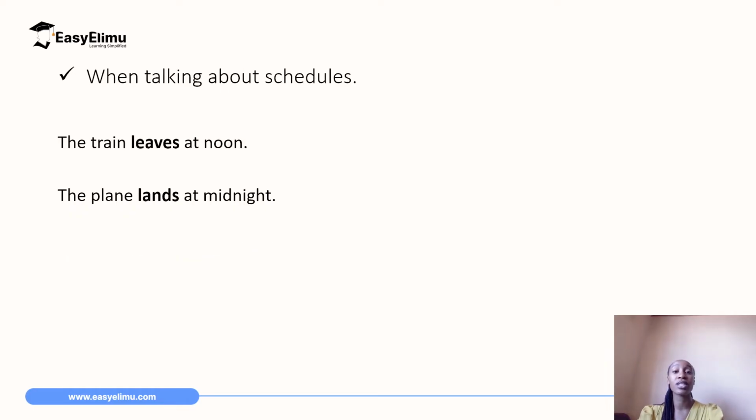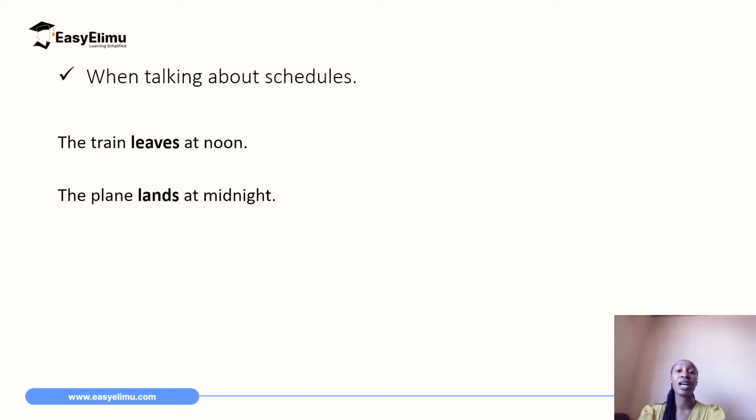We also use the simple present tense when we are talking about schedules, and a schedule is how something is supposed to happen, how something is supposed to take place. For example, the train leaves at noon. So no matter what circumstance, as long as it is noon, the train will leave, so that it is scheduled to leave at noon.